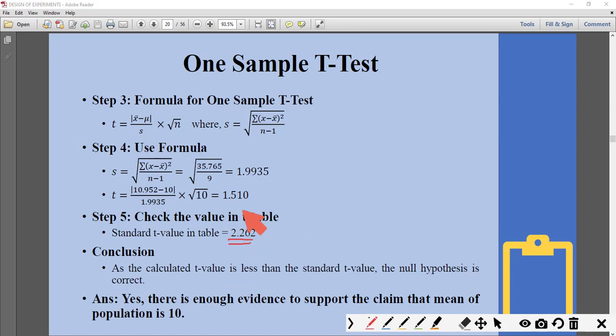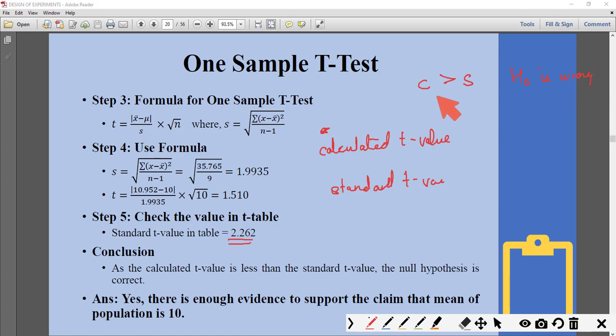Now compare the actual calculated t value with the standard t value. If the calculated t value is greater than the standard t value, then the null hypothesis is wrong.